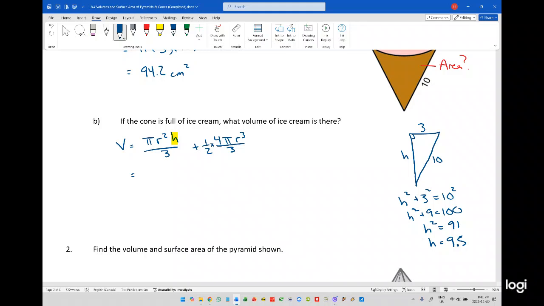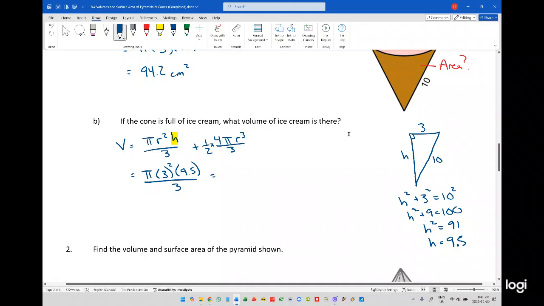Okay, now we'll fly back over to our equation and plug in pi times radius squared, and radius is 3, times 9.5, all divided by 3. And on this, I'm just going to do a little bit of simplification. We got a 4 on the top and a 1/2 in front, so that's just going to become 2 pi r cubed, and r is 3, divided by 3.